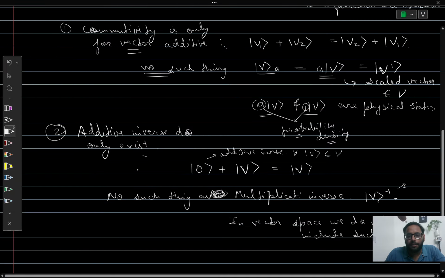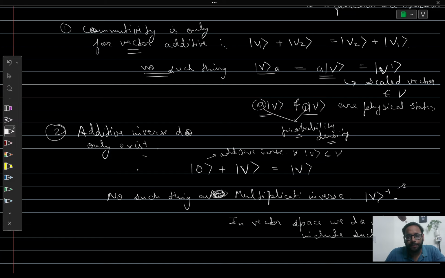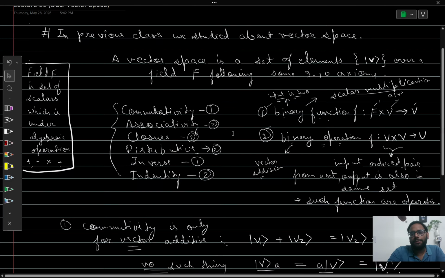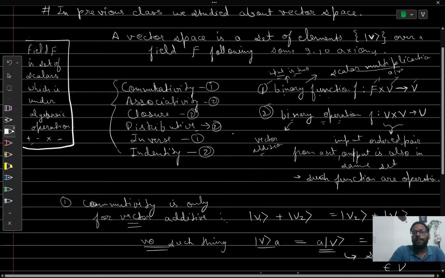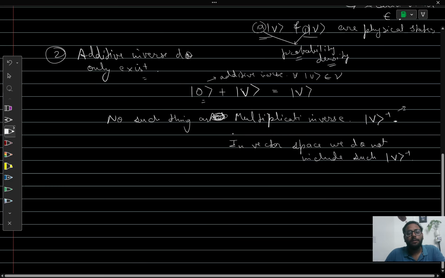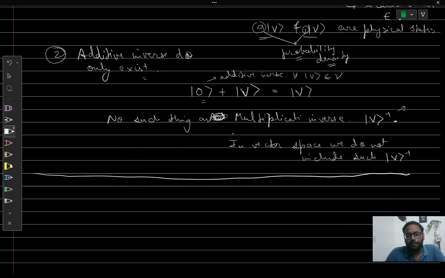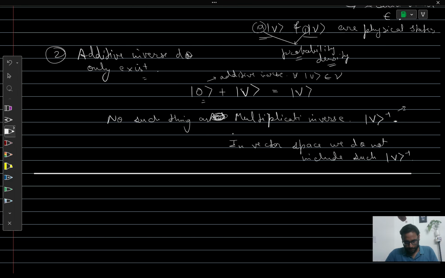The additive inverse can exist like this. You can read these things in books. You can of course write commutativity for the binary operation, that is vector addition, and associativity and closure for both. You can just prove this, and these are the 10 axioms, and the objects which follow these axioms are vectors in general. So let's move ahead.